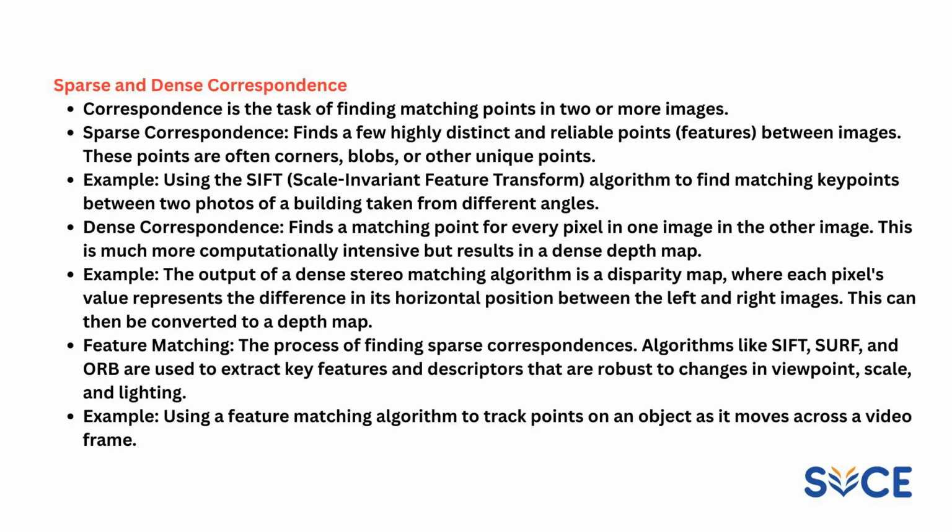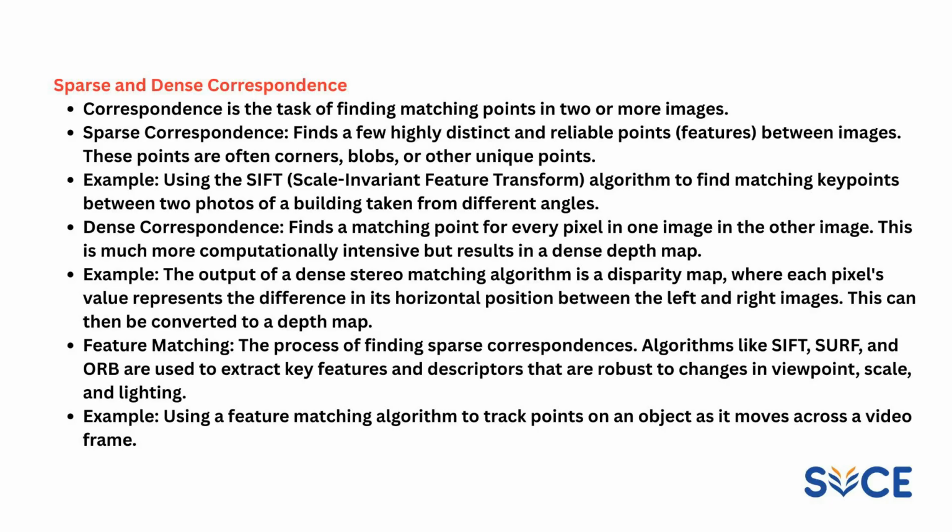Dense correspondence, by comparison, is rich and detailed, but much heavier. It is perfect for depth maps, 3D reconstruction, or AR and VR applications where you need pixel by pixel realism.